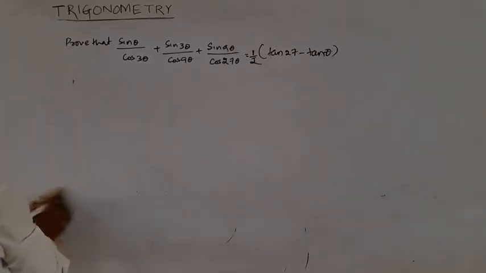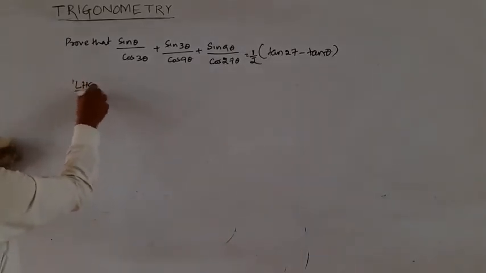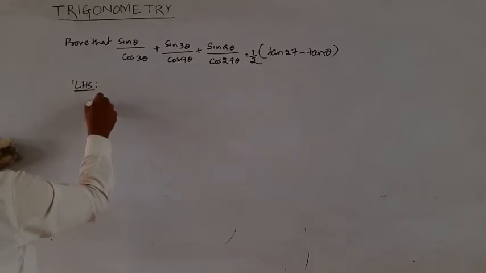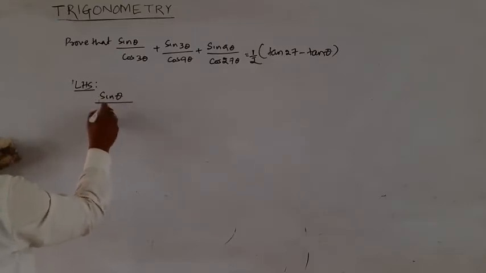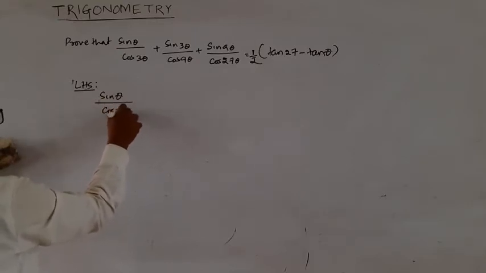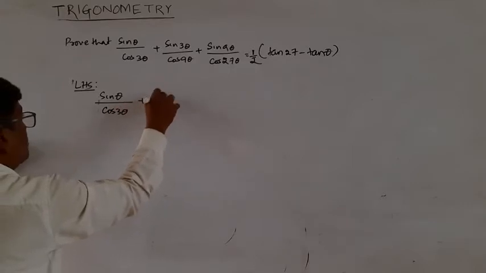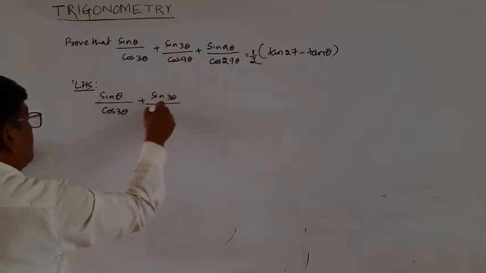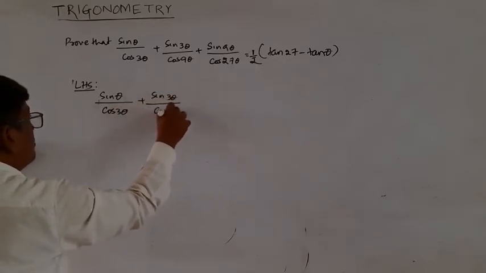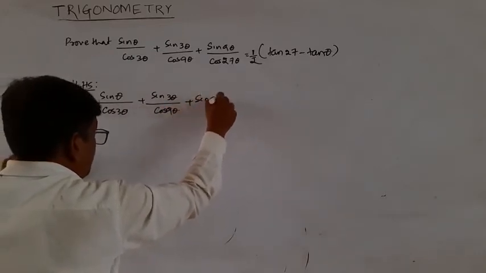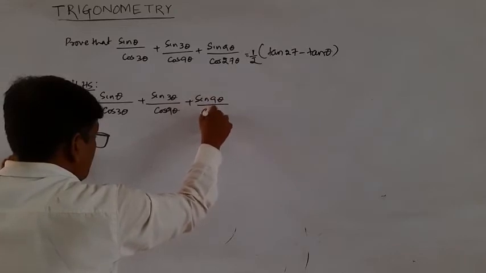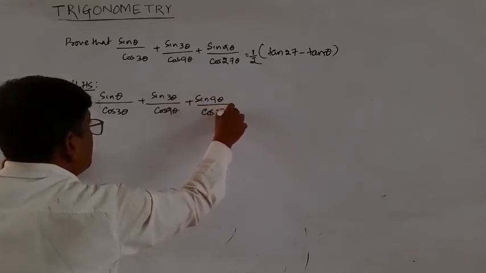is equal to sin theta divided by cos 3 theta plus sin 3 theta divided by cos 9 theta plus sin 9 theta divided by cos 27 theta.